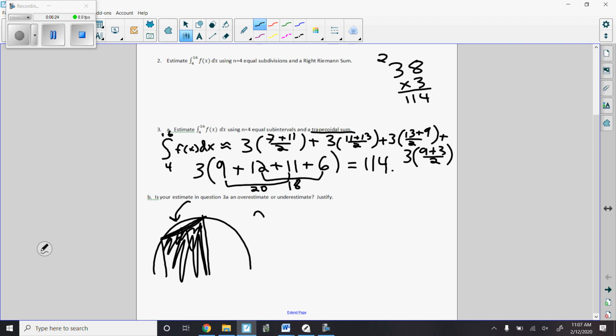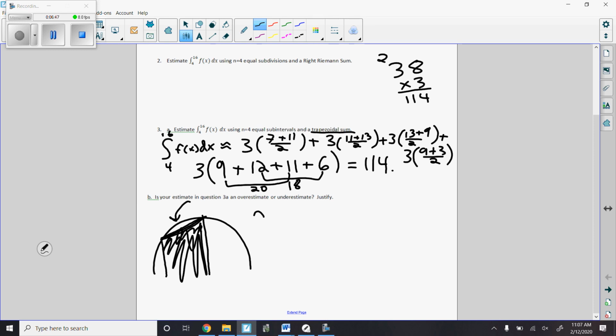So make it decent sized and make your subintervals wide enough that it's easy to tell if it's an over or underestimate. Now, to justify this, I can't just say it's an underestimate because the function's concave down. I have to talk about the concavity, but I also have to mention that I'm doing a trapezoidal sum here.